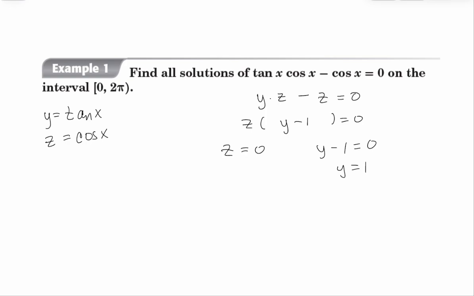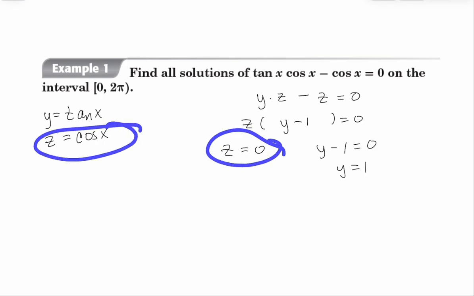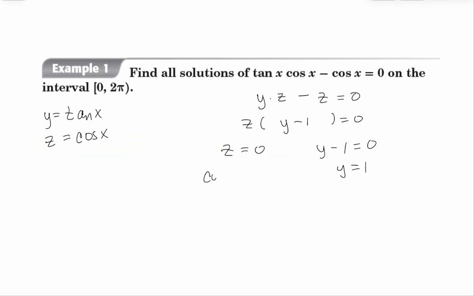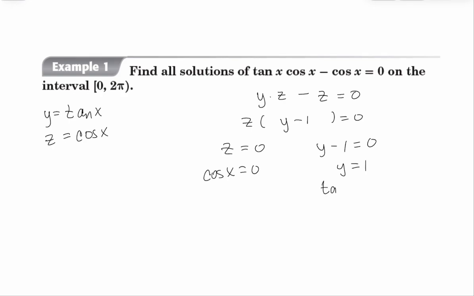Now, I've taken out the trig. I've just made it kind of reflect an algebra problem. And now we got to put the trig back on. So what was z equal to? Well, z was equal to the cosine. So now we're going to go cosine of x equals 0. What was y equal to? Well, y was equal to tangent. So let's put that back on.